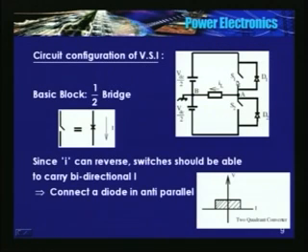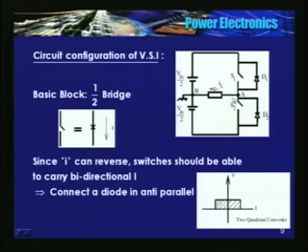See, in this circuit, I can apply positive voltage to the load only when this point is connected to this point. A positive voltage is applied to the load only when point A gets connected to the positive of the battery.